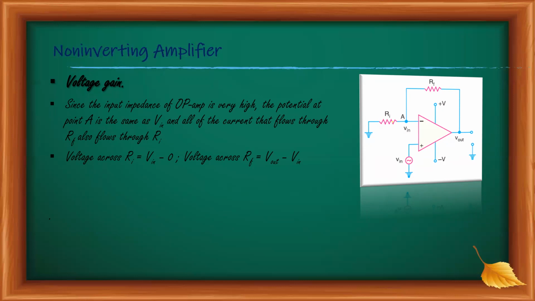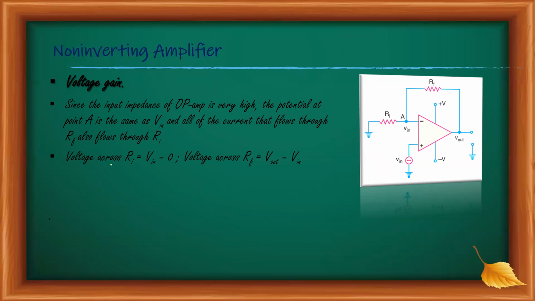To find the voltage gain, we use the concept that the current passing through Ri and Rf must be the same.